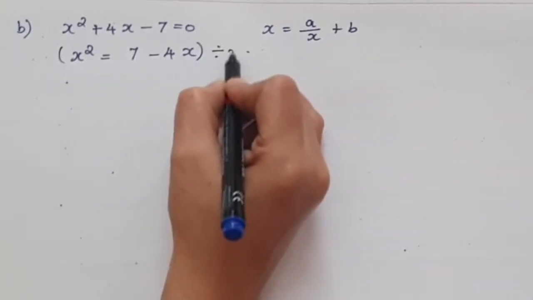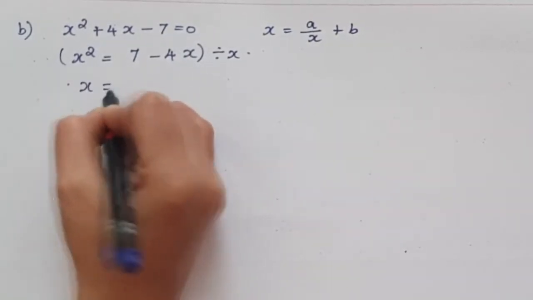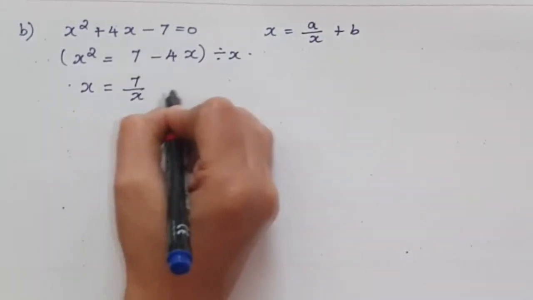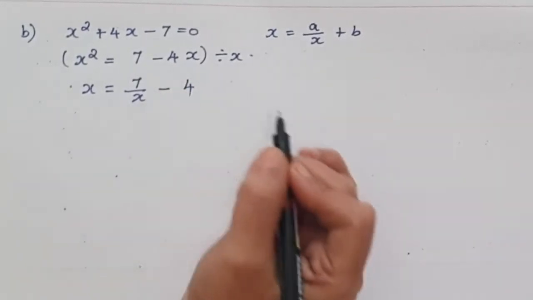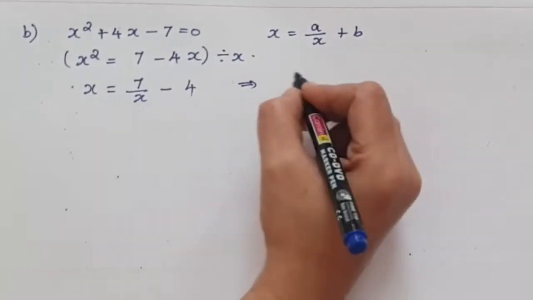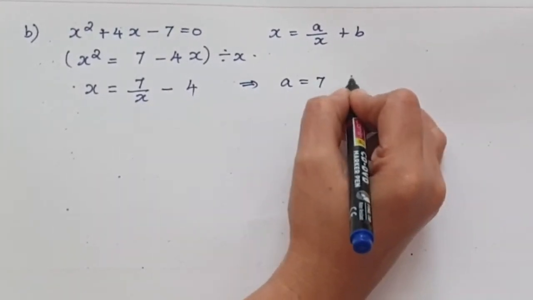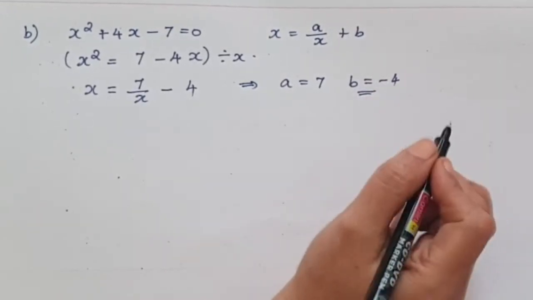When we divide by x, x squared divided by x will give us an x. This will give us 7 over x and minus 4x over x will give us a minus 4. So we have written it in the form. In this case, when we compare, our a is 7 and b is minus 4. These are the constants in our form.